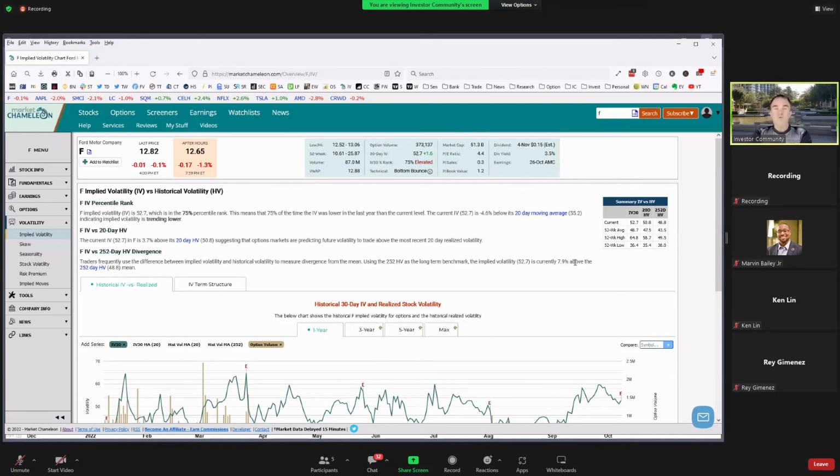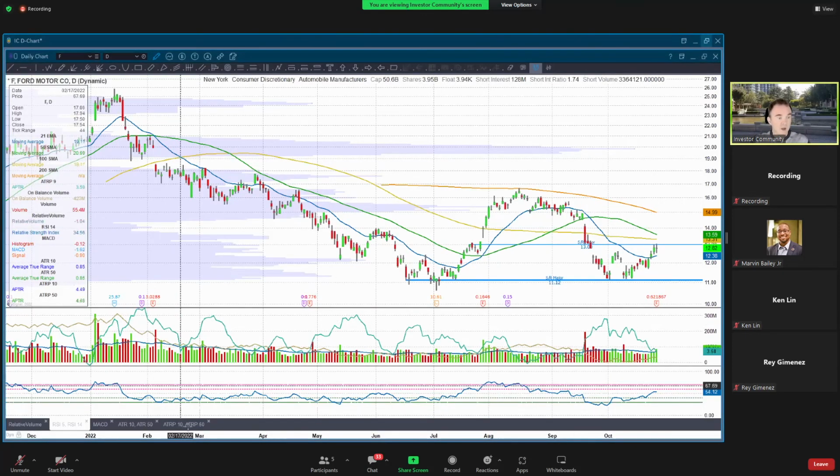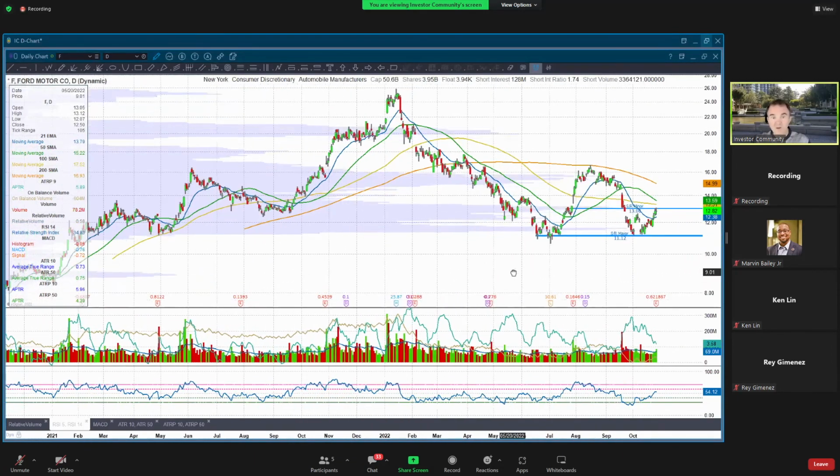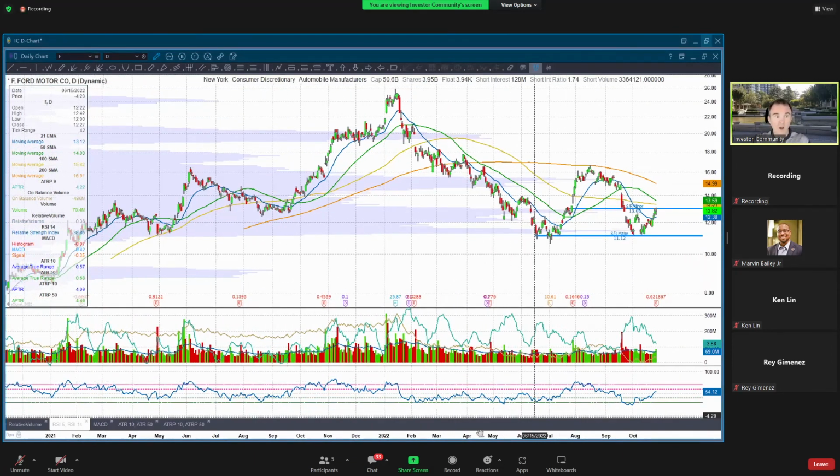So if we're going to be buying LEAPs, I generally won't buy them if implied volatility rank is above 30, because I want time to be cheap. I don't want to buy time when it's expensive. I generally don't want to buy options when they're expensive. So if you're really sure, if you really believe in this company, if you really believe this is a bottom here, then yeah, you can pay up for those LEAPs.